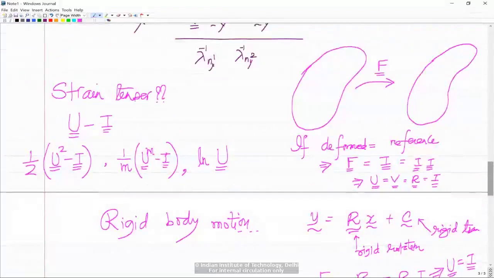And all of them have got a name. For example, this thing is called the Green-Lagrange strain tensor.